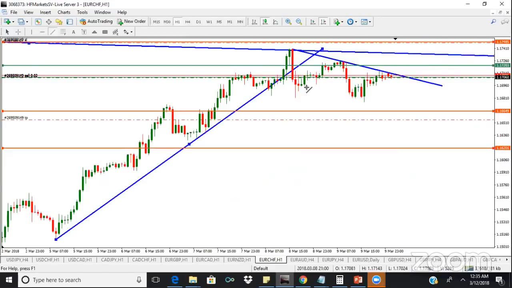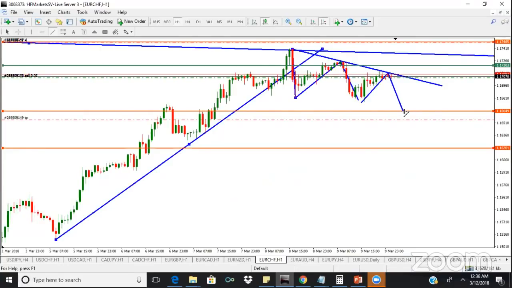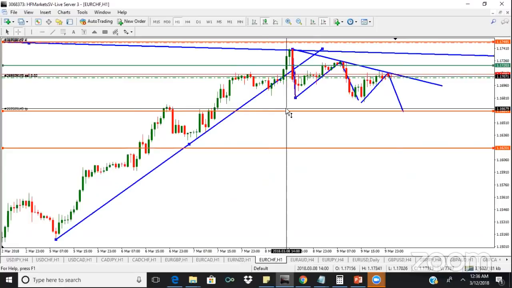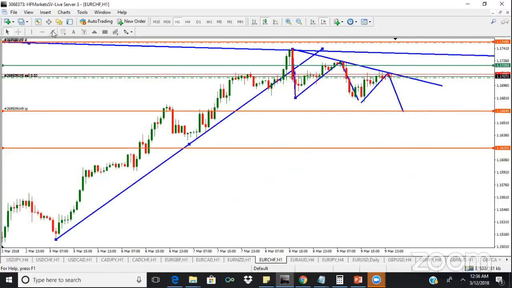So look at what happened. It came down, it went up, it came down, came up again. So it has come down. So this is my 40 pips. That's my first take profit, and my second take profit, I allow it to run.